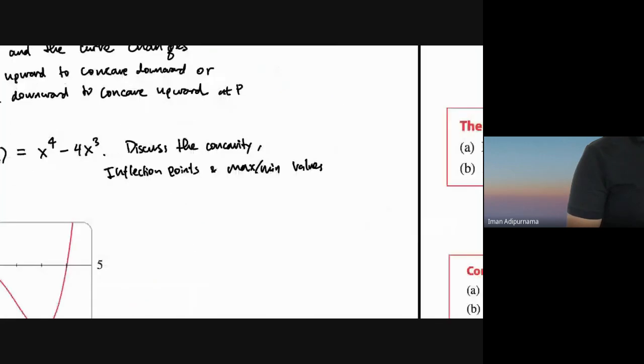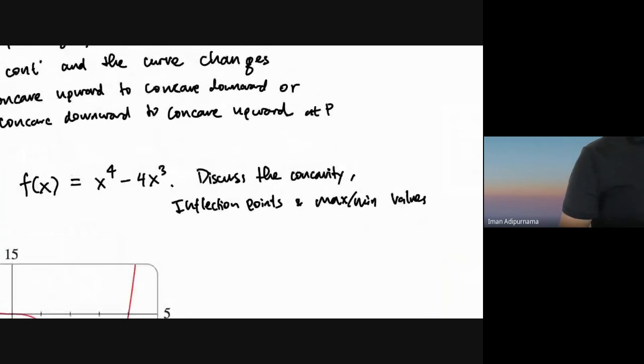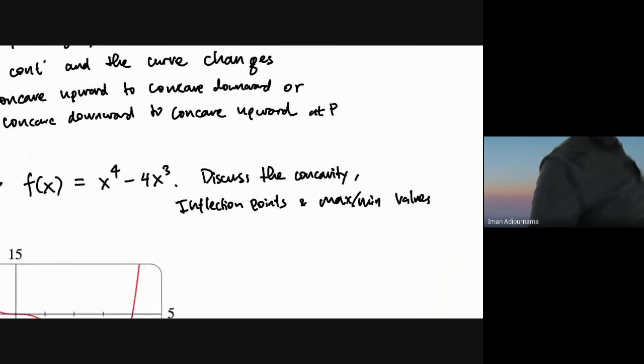Actually, this is the graph, but let's just start with x to the power of 4 minus 4x cubed.